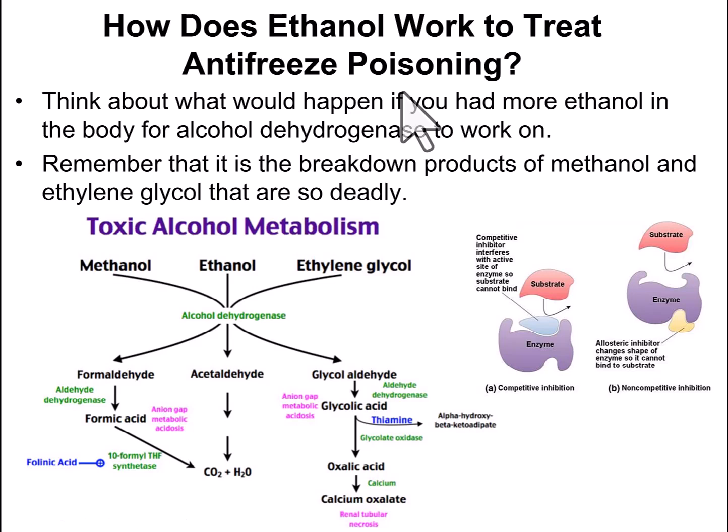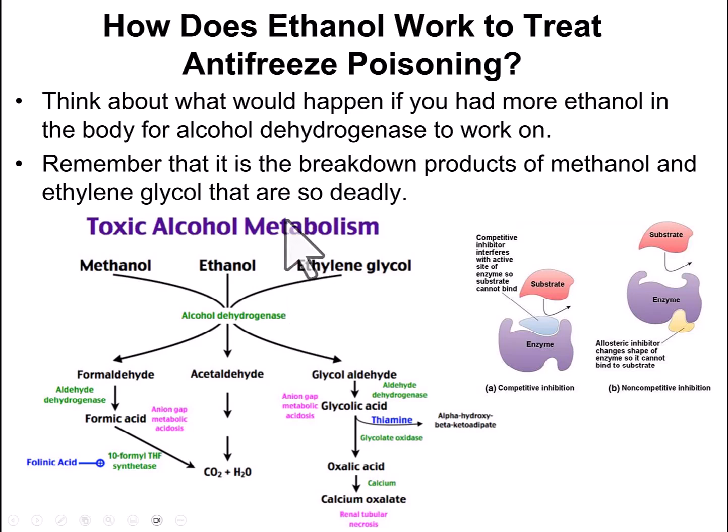You can use ethanol to treat antifreeze poisoning. Shown here is a diagram with alcohol dehydrogenase acting as the enzyme that's going to metabolize ethanol, methanol, and ethylene glycol. And then these are the byproducts of this. Well, based on what you know from enzyme inhibitors, competitive and non-competitive inhibitors, taking a look at this diagram, how do you think that ethanol works in the body in the treatment of antifreeze poisoning?